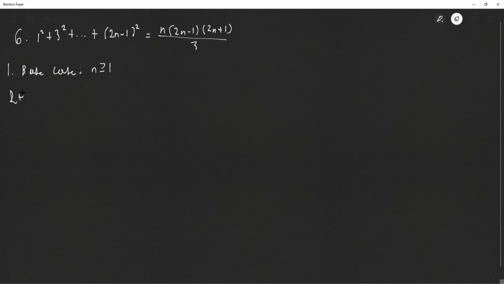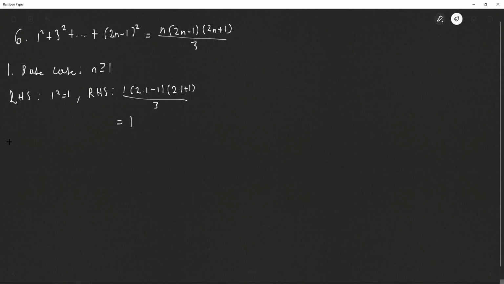So our left-hand side base case is going to be 1 squared equaling 1, and our right-hand side is going to be 1 times 2 times 1 minus 1 times 2 times 1 plus 1 all divided by 3, which will equal 1. So the base case holds.